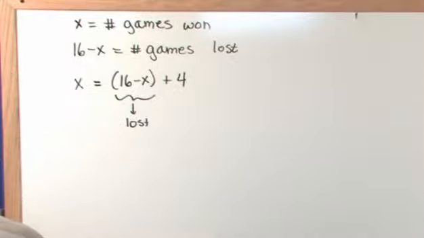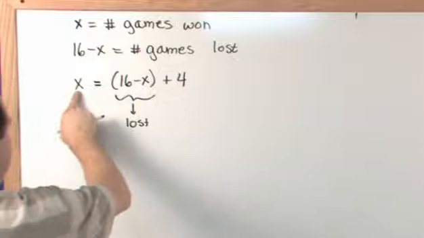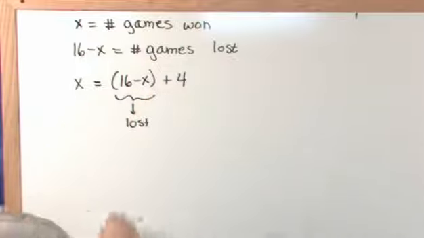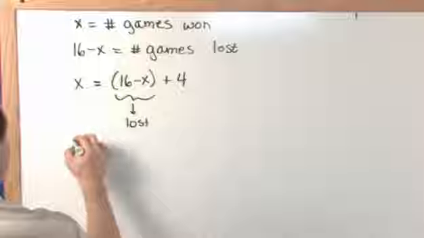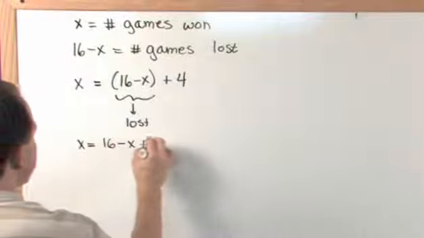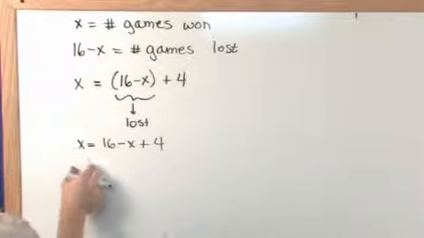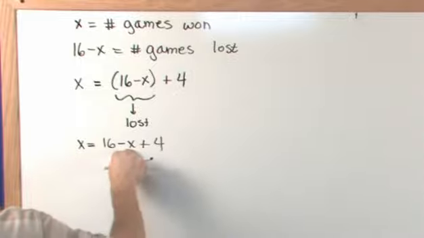And now we're going to solve the equation. So here is an equation. There's x, there's x. I can solve this equation. So what we have is x is equal to 16 minus x plus 4. I'm just removing the parentheses to make it clear. I'm going to take this x and move it over here, so this is minus x.